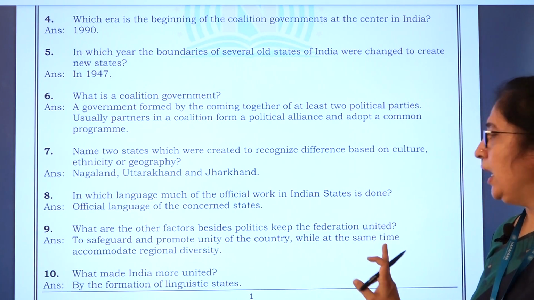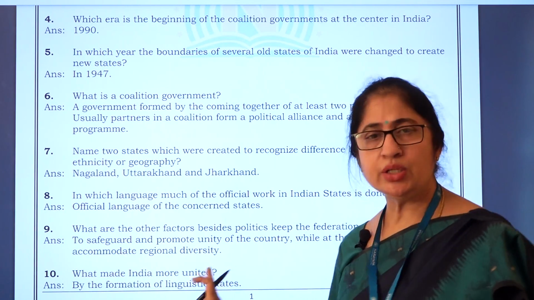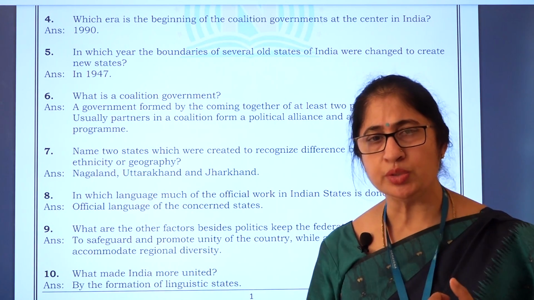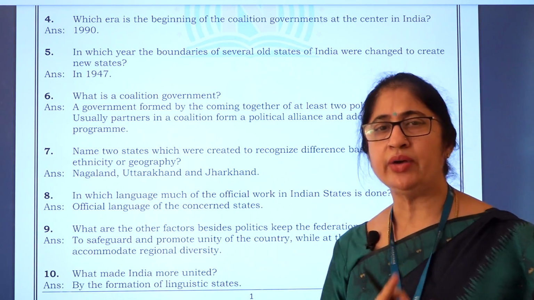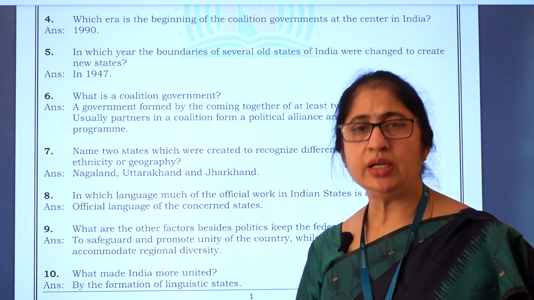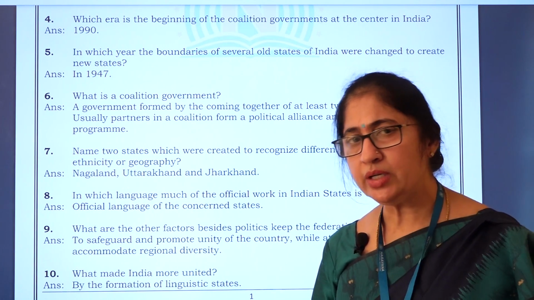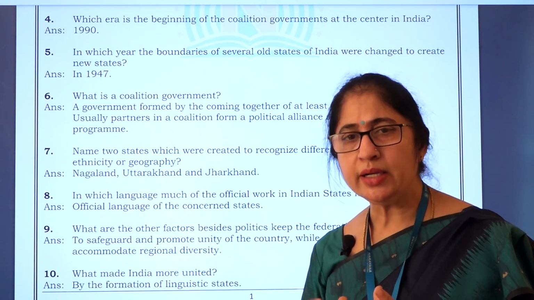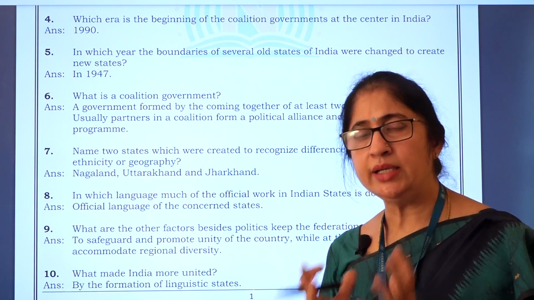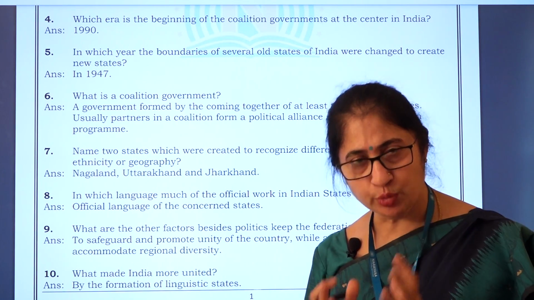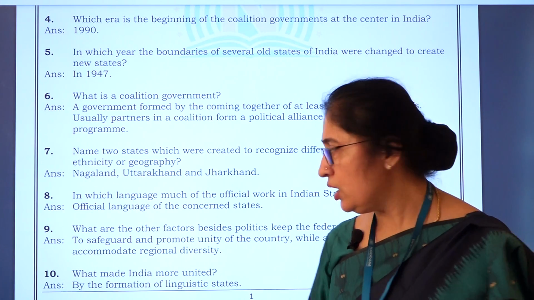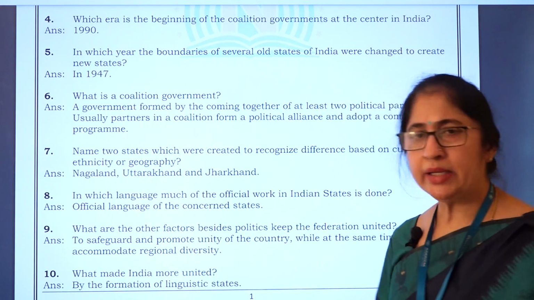The second one is, at the same time, accommodate regional diversities, because we have diversified groups, diversified religions, diversified languages, different castes, different creeds, different ethnic groups in the country. So to accommodate them, to make them understand, to run the administration smoothly, the accommodation we have done in our federation is to accommodate regional diversity.